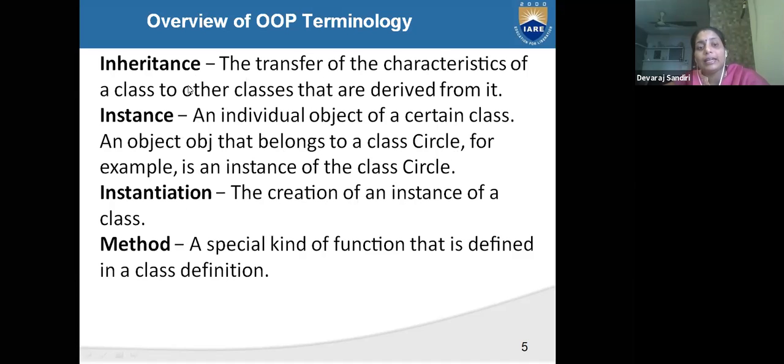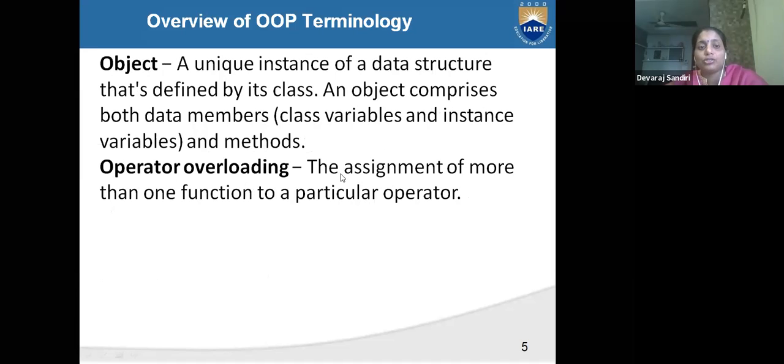What is a method? A method is a special kind of function that is defined in the class definition. What is an object? A unique instance of a data structure that is defined by the class. An object comprises both data members, class variables and instance variables, and methods.